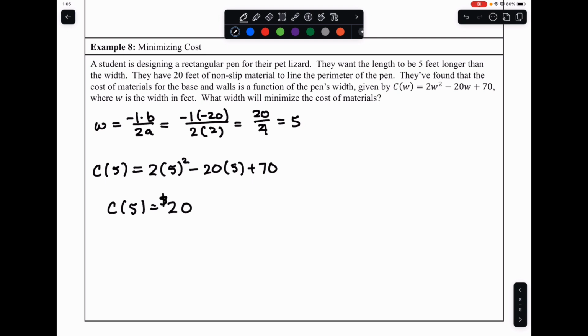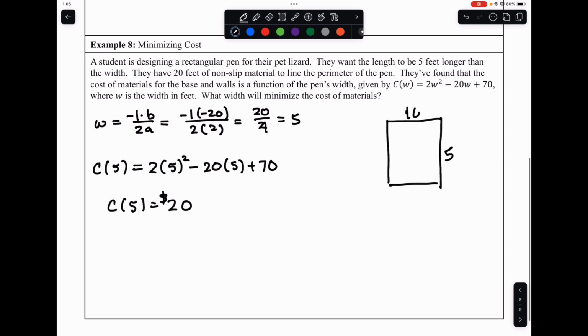So it's going to cost him $20 if he makes the width 5. Because we want the length to be 5 feet longer than the width, if the width is equal to 5, that will make the length equal to 10. And that's going to minimize how much it's going to cost him. It'll only cost him $20 if he makes the dimensions of the pen for his pet lizard a 5 by 10 rectangular pen. So the lining around there won't cost him too much.